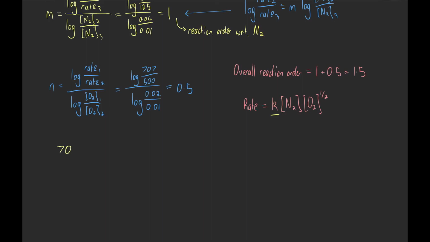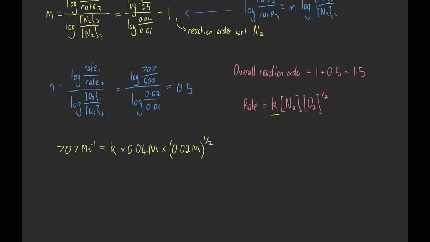So our rate in experiment 1 is 707 molar per second. That's equal to k multiplied by the concentration of N2, which is 0.4 molar, multiplied by the concentration of oxygen, 0.2 molar, raised to the power of 1/2.